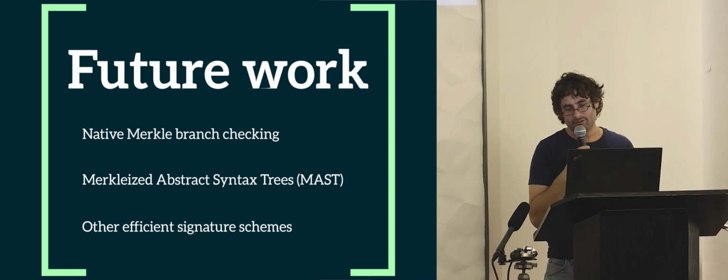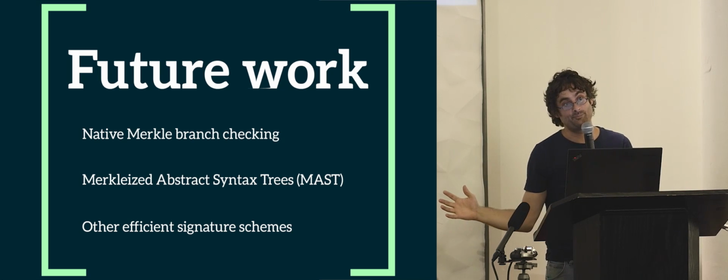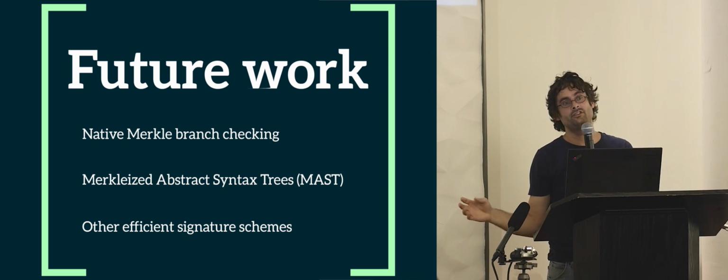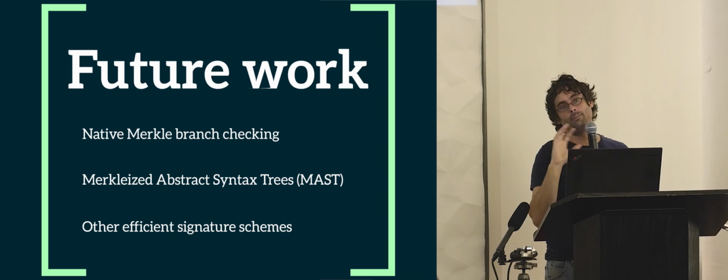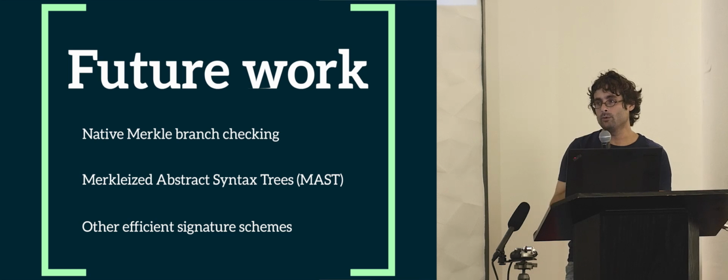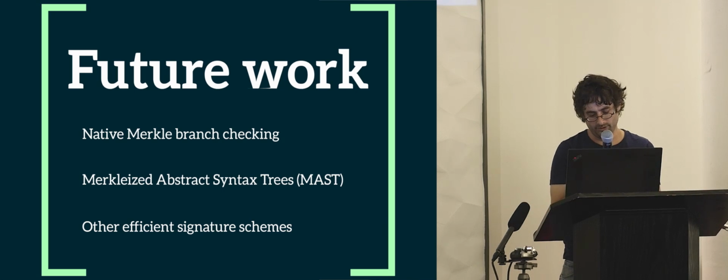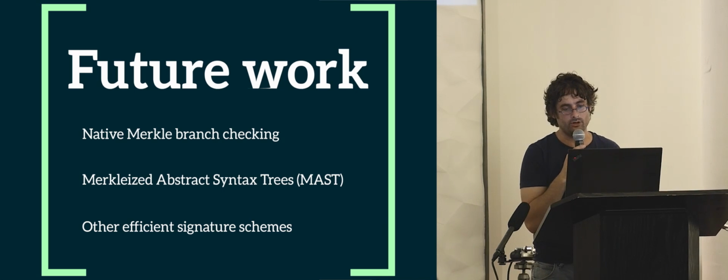And so this basically allows you to build a huge script of different conditions and only reveal the part of the script that you're actually using to satisfy. So that would be a next step. That's not something that's easy to do here, but I'm very interested in working on that.